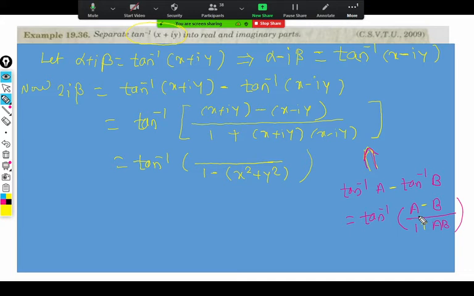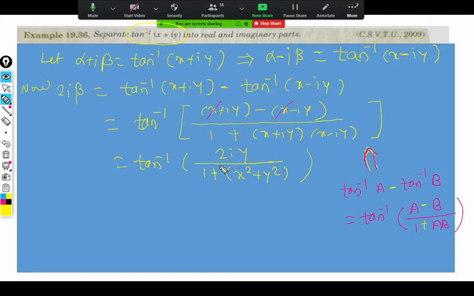Because of that, x will get cancelled here, and it will come as iy plus iy is 2iy, and the denominator is nearly the same, only a plus sign will be there.